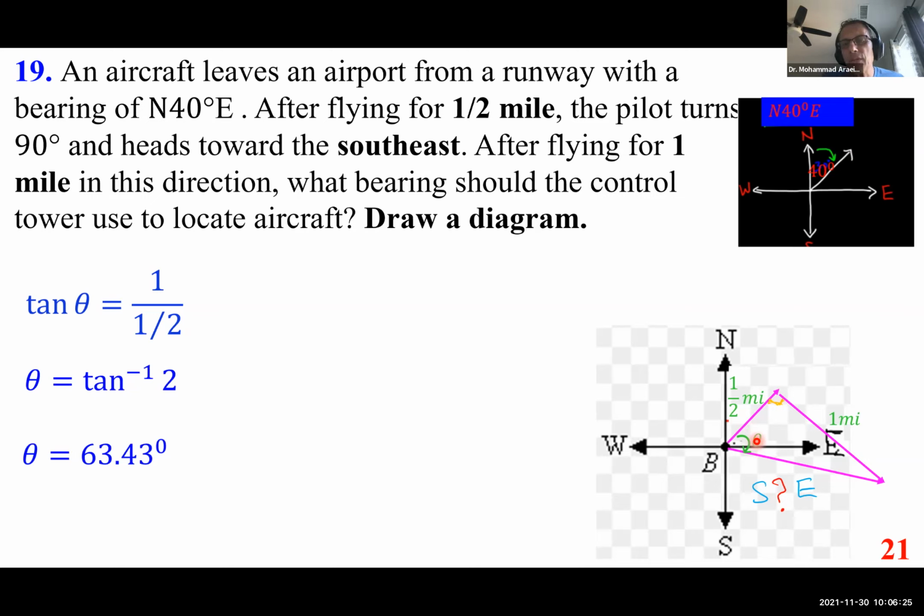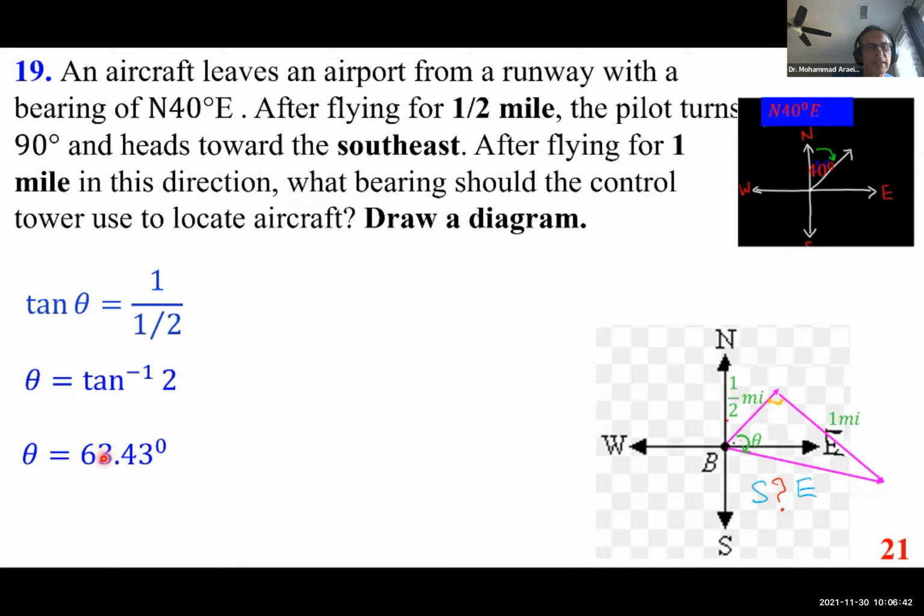What about this angle? We know it's 40 degrees. So we have this one as 40. We have this one as 63.43. And we know this whole angle is a straight angle of 180.